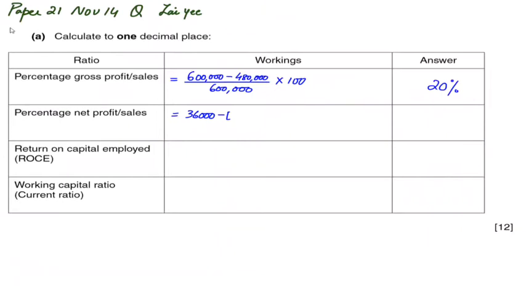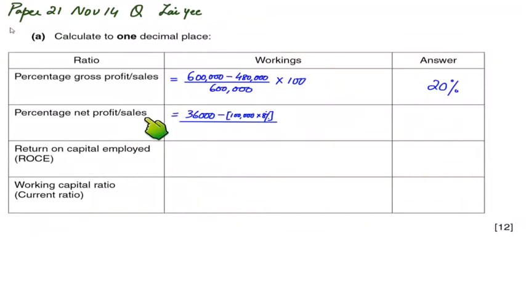We have a loan of 100,000, and if I apply 8% to that loan, I'll be getting interest of 8,000. So out of this 36,000 that the business has earned, that Lai Yee has earned, 8,000 will be distributed among creditors, that is loan providers. So 36 minus 8, this leaves us with 28,000 of net profit.